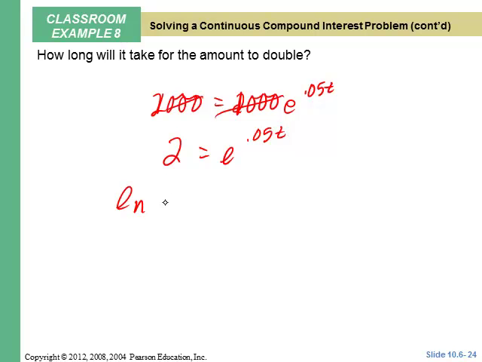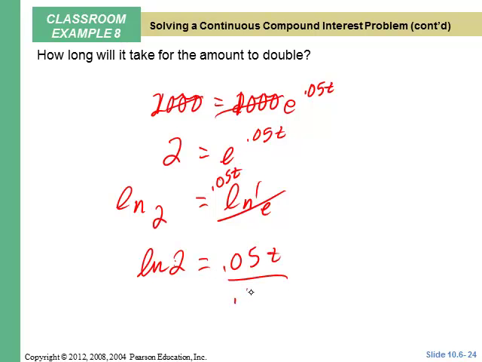Take ln of both sides. ln of 2 equals ln e with 0.05 t out front. This is 1. So ln of 2 is 0.05 t. Divide both sides by 0.05.